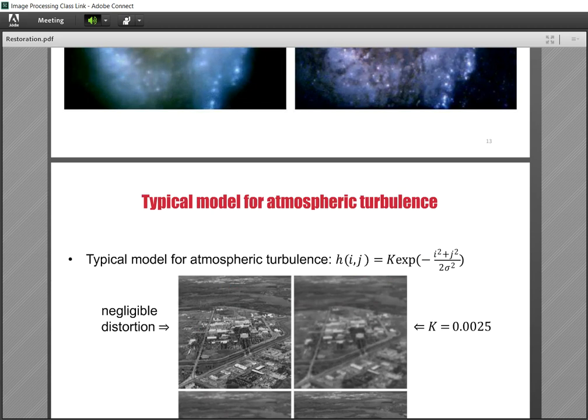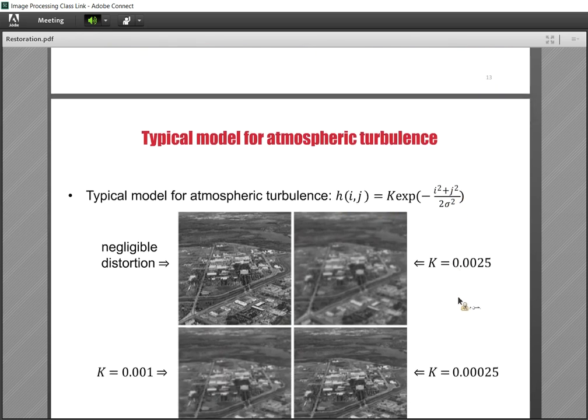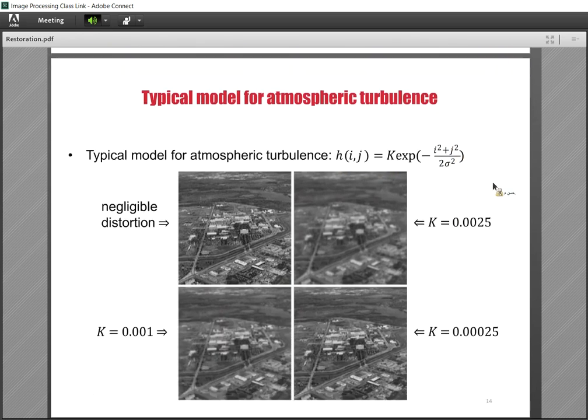Okay, we have H of the system. The impulse response of the system is, for example, K exponential of minus (i² plus j²) over 2 sigma squared, or variance. This is a Gaussian formula.